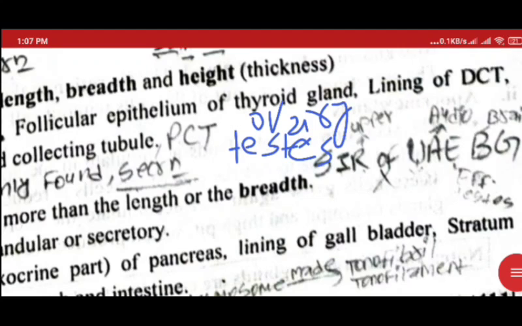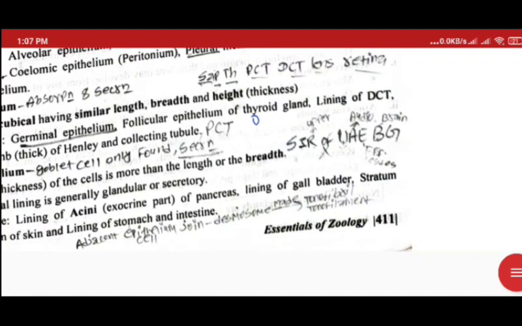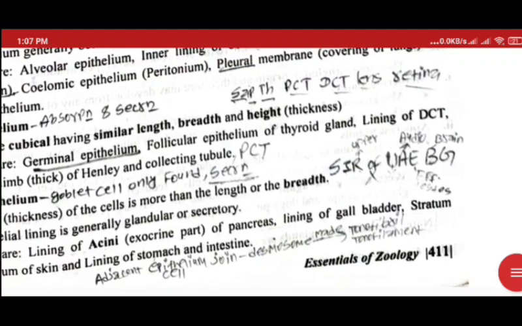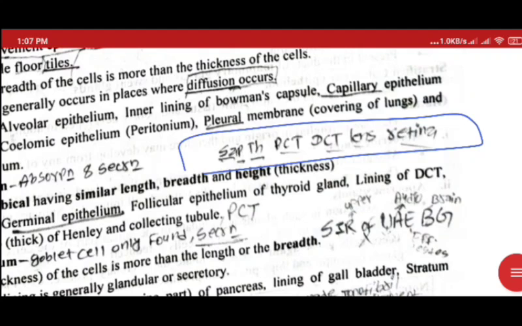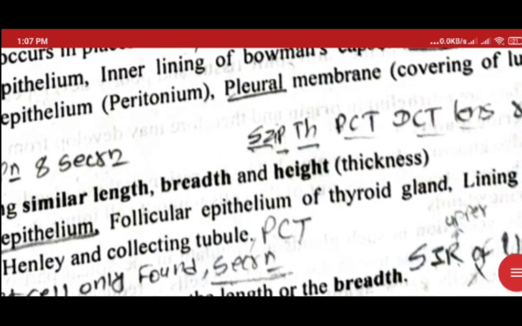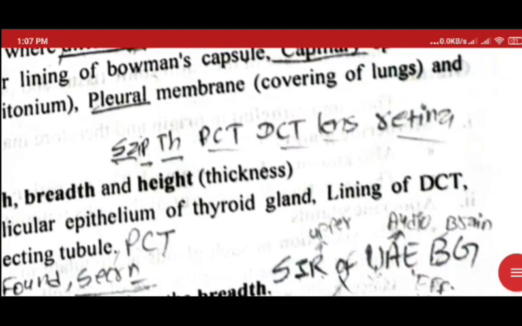Its example trick is SOFT PCT, DCT, lens, and retina. S is for salivary gland, P for pancreas, T for thyroid, PCT and DCT are for kidney nephron, and lens and retina here.